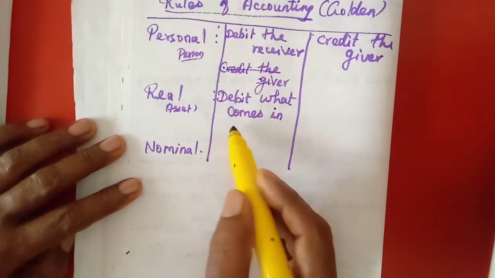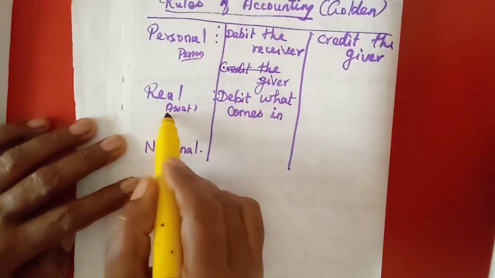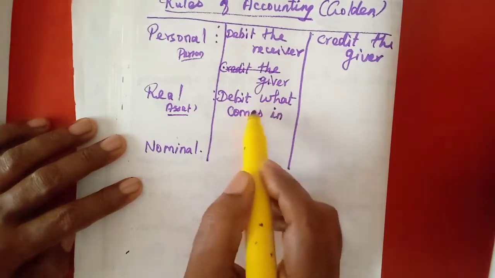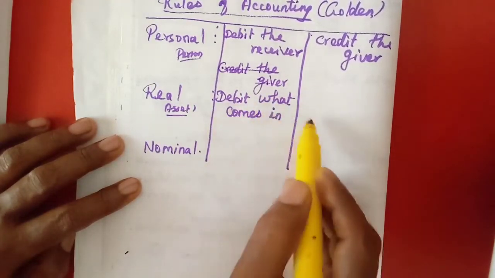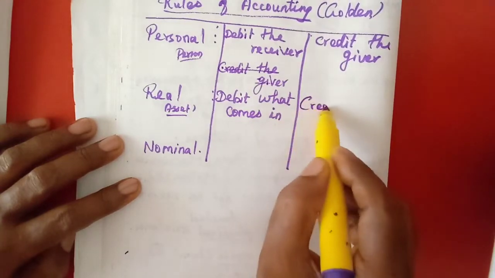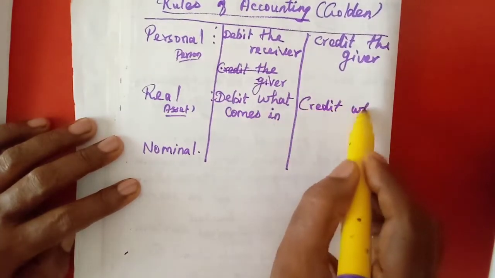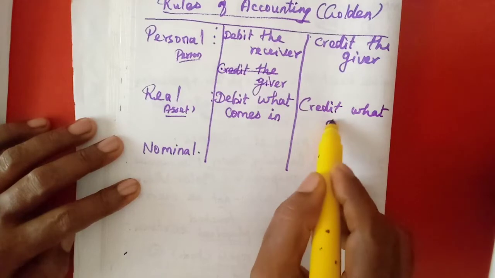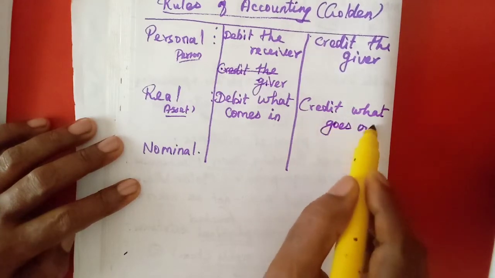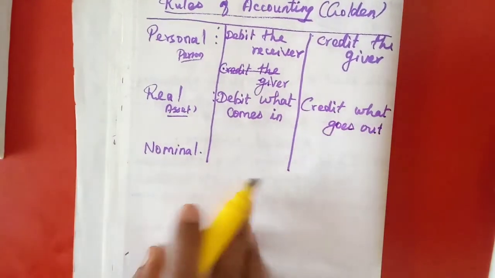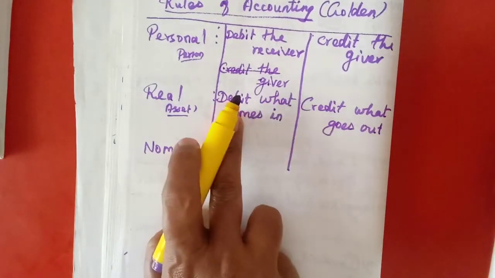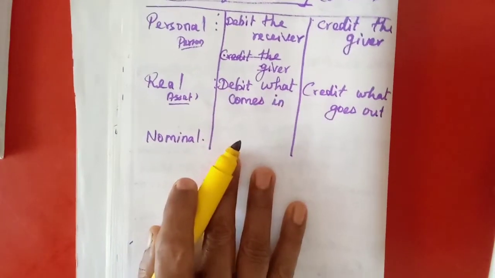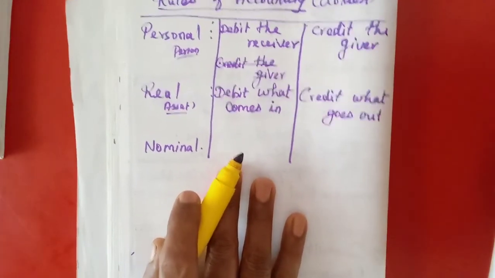Here, any asset that comes in, we should debit. So what is the opposite? Credit what goes out. Whatever goes out from the organization, we have to credit. What is coming inside, we should debit.